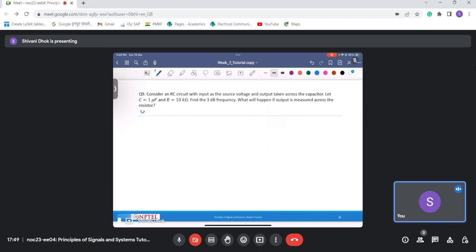So Y(omega) upon X(omega) is equal to H(omega), which is the system transfer function, and it comes out to be j omega RC upon 1 plus j omega RC. This implies that the magnitude of H(omega) squared comes out to be omega square R square C square upon 1 plus omega square R square C square.